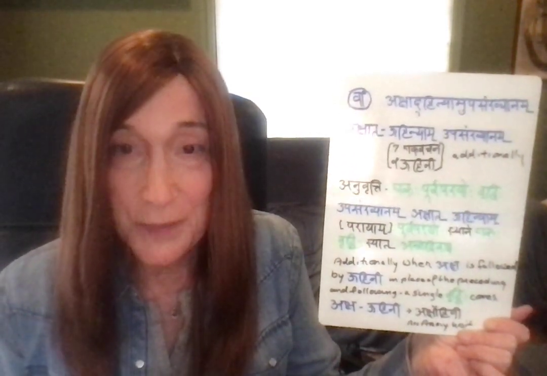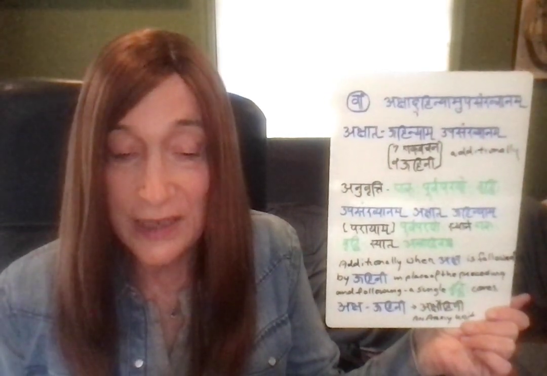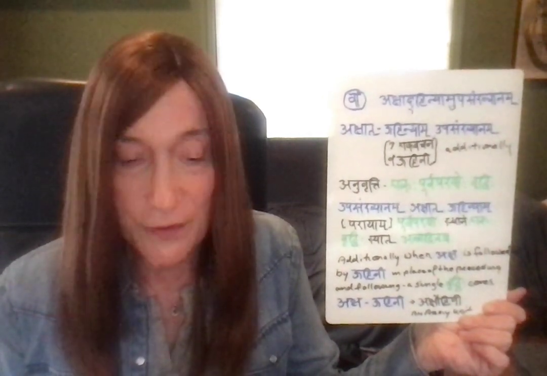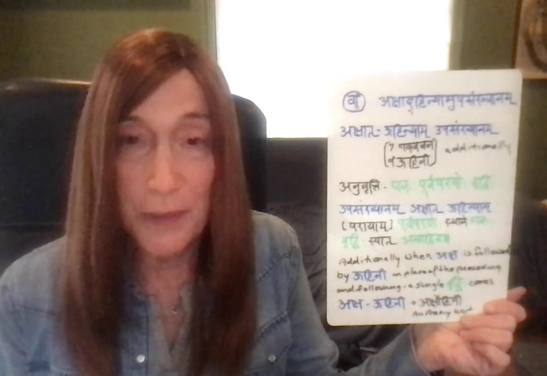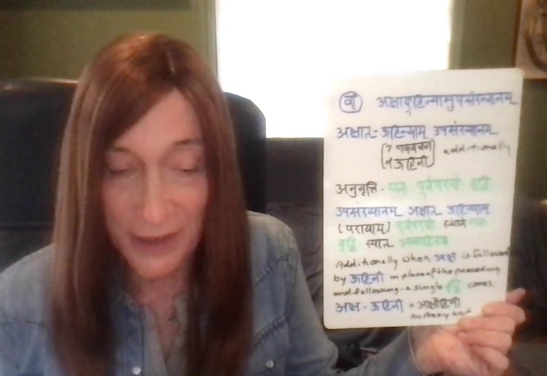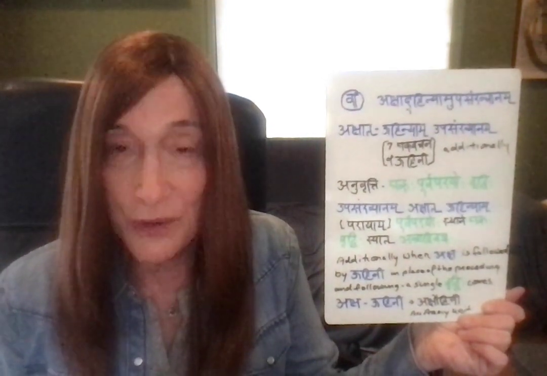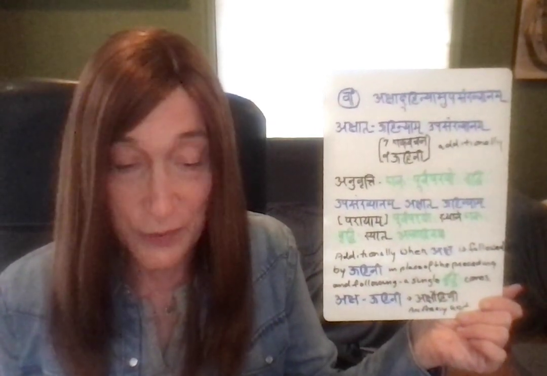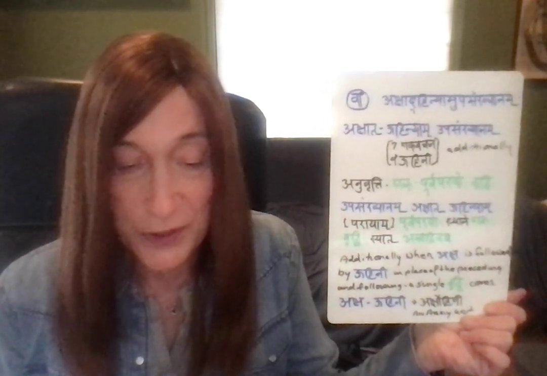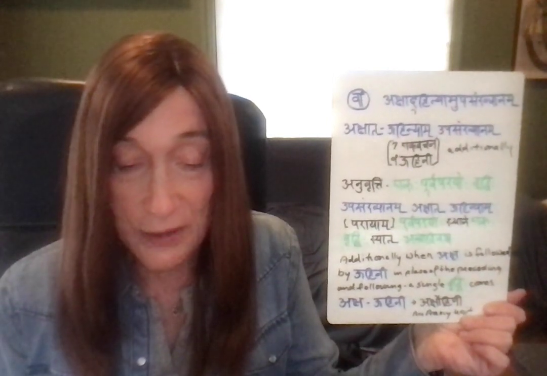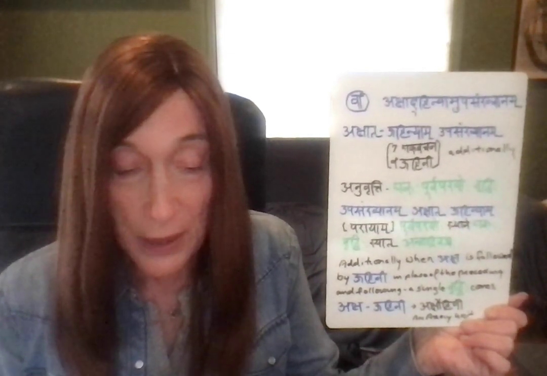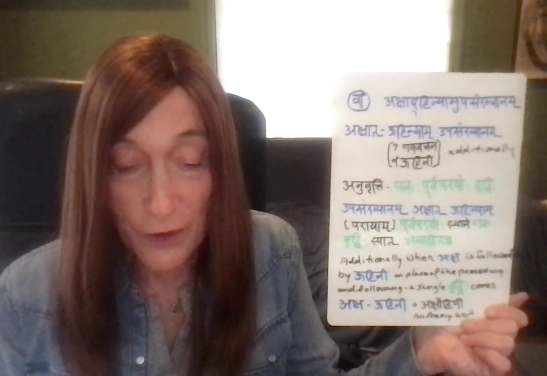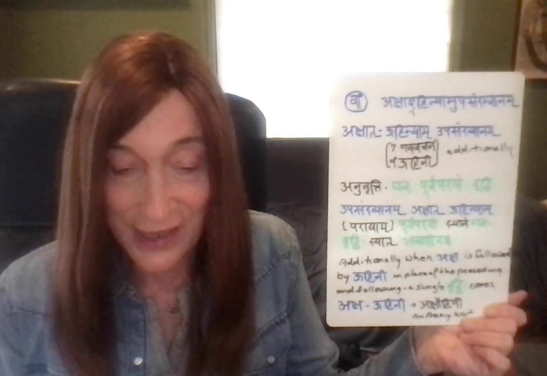Uhinyam being saptami ekavachana of uhini. So the anuvrtti is ekah purva-parayoh vrddhih. The full sutra, as we construe it, would be: upasankhyanam akshad uhinyam parayam purva-parayoh sthane ekah vrddhih syat antadivacha.